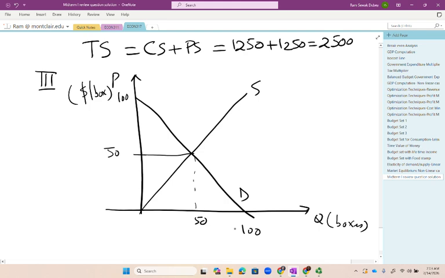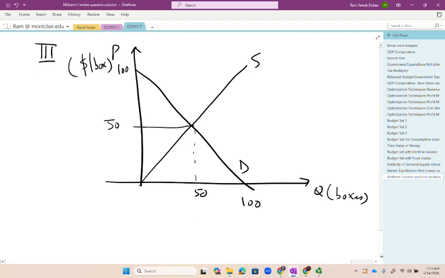So this is the market equilibrium. If the government intervenes in terms of creating a price floor of $60 per box, which means no seller can sell it at a price lower than 60. So let's put this 60 here.